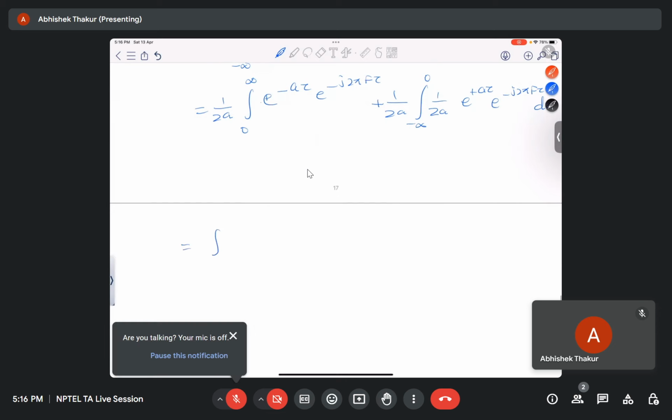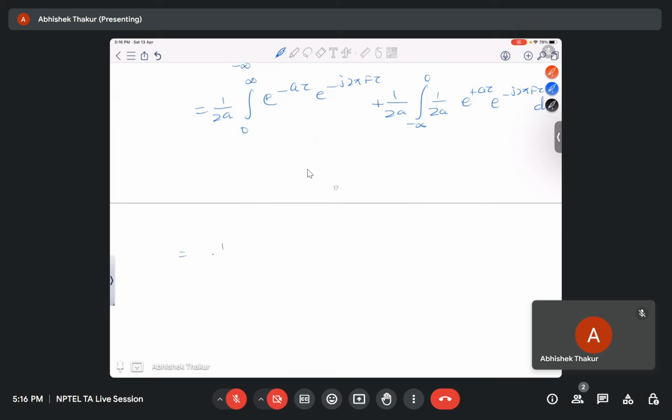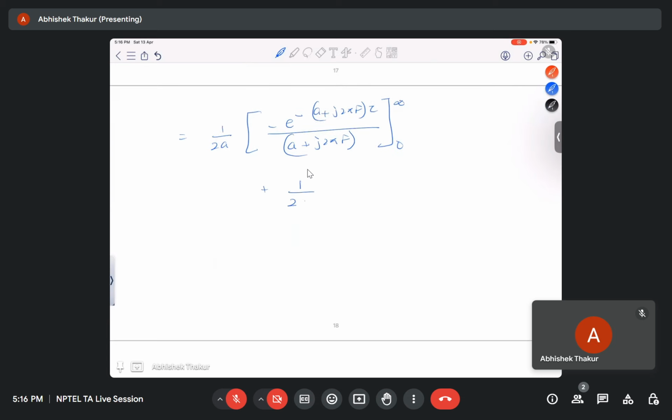So this is equal to 1 by 2a. The integration is minus e to the power of minus (a plus j 2 pi f) tau divided by a plus j 2 pi f, with tau from 0 to infinity, plus 1 by 2a, e to the power of (a minus j 2 pi f) tau, and the denominator will be a minus j 2 pi f, and this value is also from 0 to infinity.